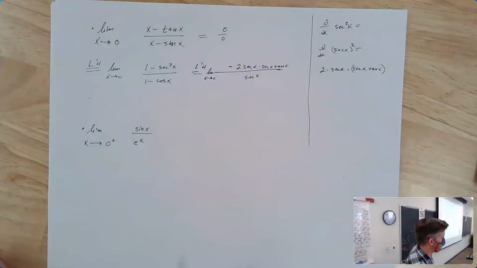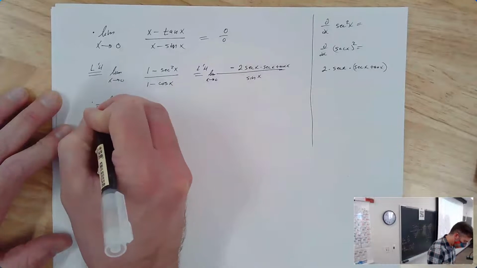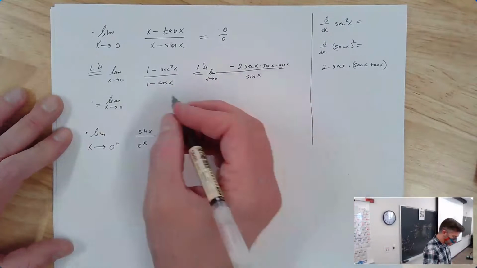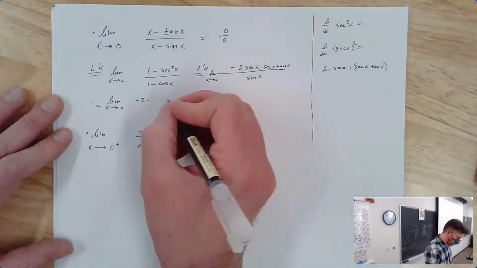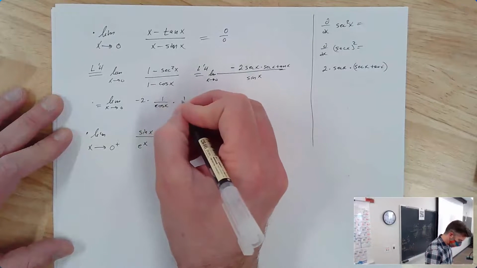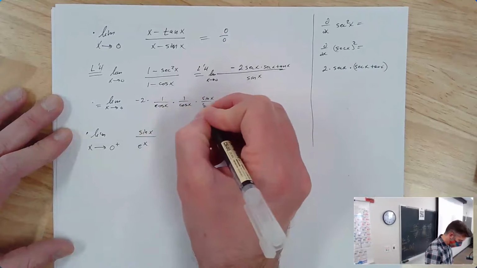You really don't want to take the derivative of secant squared x times tangent of x. That seems terrible. So this is where we're going to say, well, I could write this as the limit as x goes to 0 of, I'm just going to write it all out. I've really got negative 2 times secant, which is 1 over cosine x, times secant, which is 1 over cosine x, times tangent, which is sine x over cosine x.